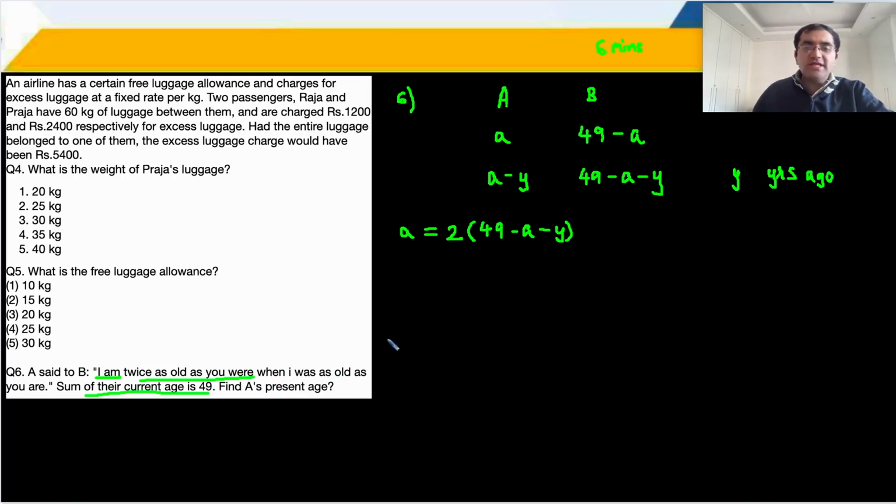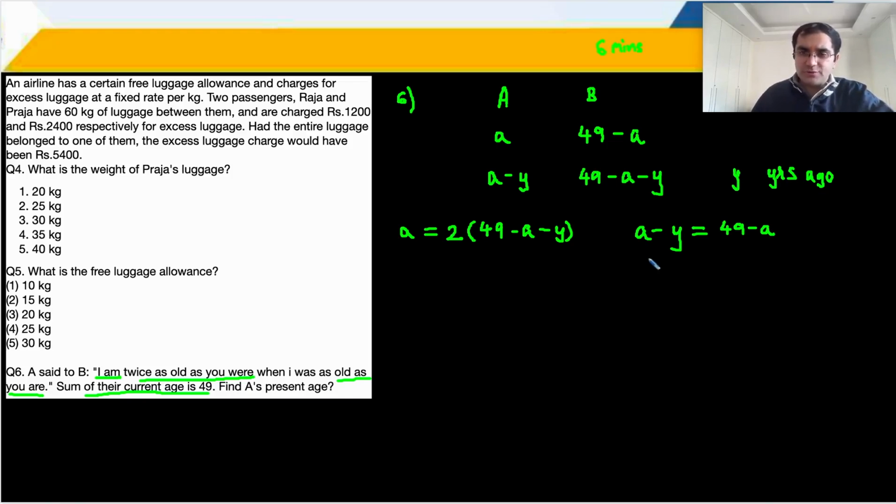When I was, A is saying when I was, A minus Y, A का पुराना age, as old as you are, he's saying to B as old as you are, matlab now, you are now. 49 minus A. What is B's present age? 49 minus A. Two equations, two variables, solve, get A and Y, get the answer.